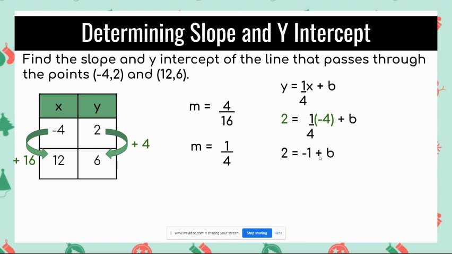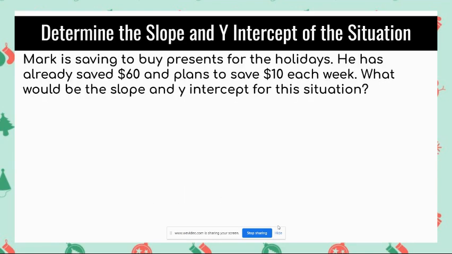So I get 2 is equal to -1 plus b. So I add 1 to both sides. Because it's a negative 1, I need to add 1. 2 plus 1 is 3. So my slope is 1/4, and my y-intercept is 3. If I wanted to take it a step further, the equation would be y equals 1/4 x plus 3.